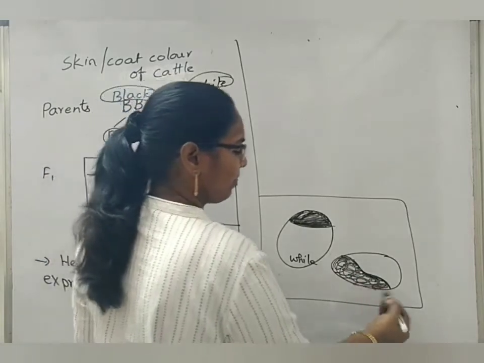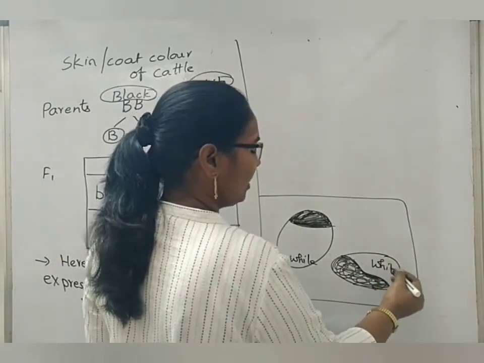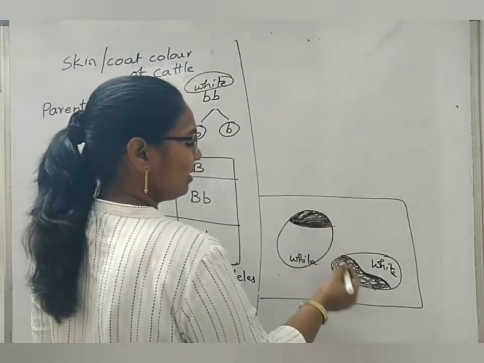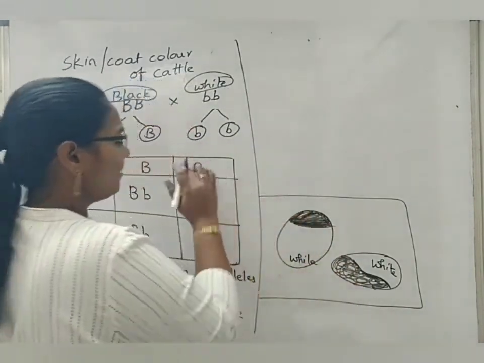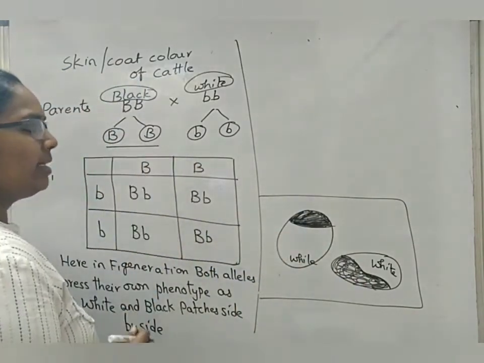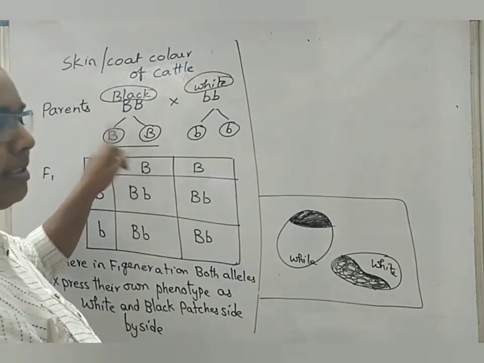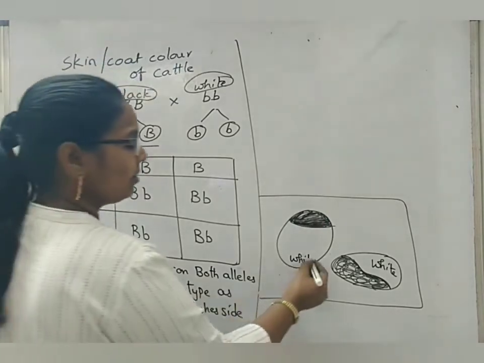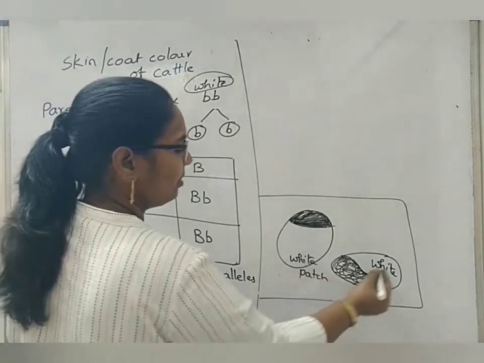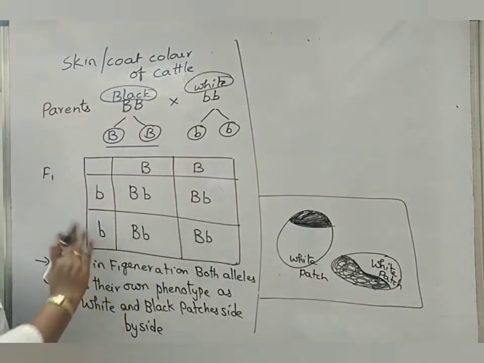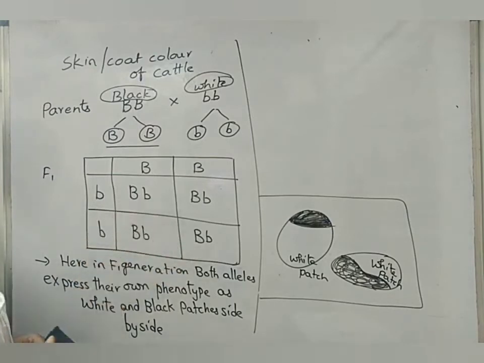The white color is expressed by this type of alleles, and the black color is expressing its own color, and we take the black color genotypic alleles in the form of capital alphabets. Now we can write this one as white patch, and this one also as white patch. Here all the offspring are showing the same type of phenotype.